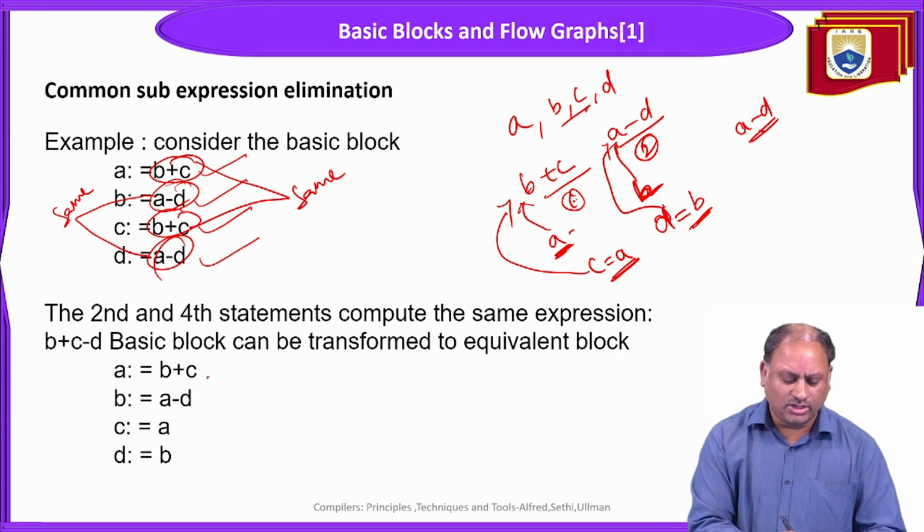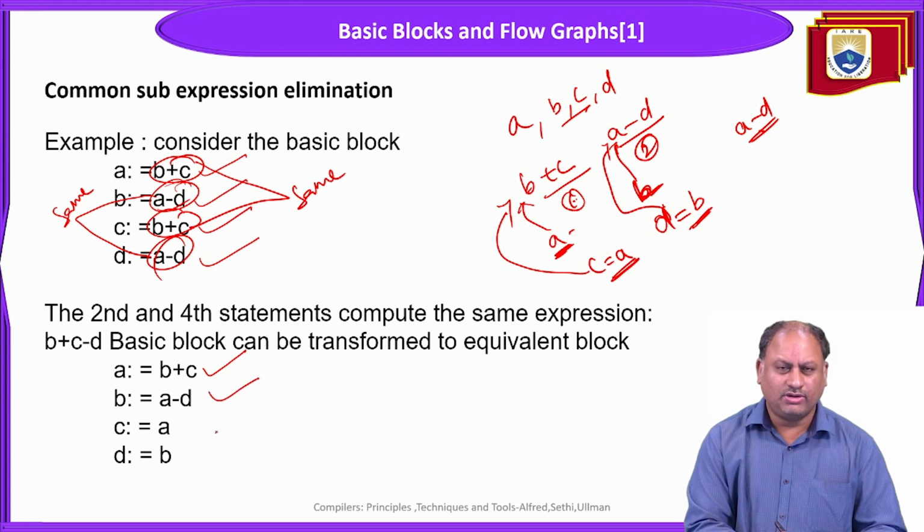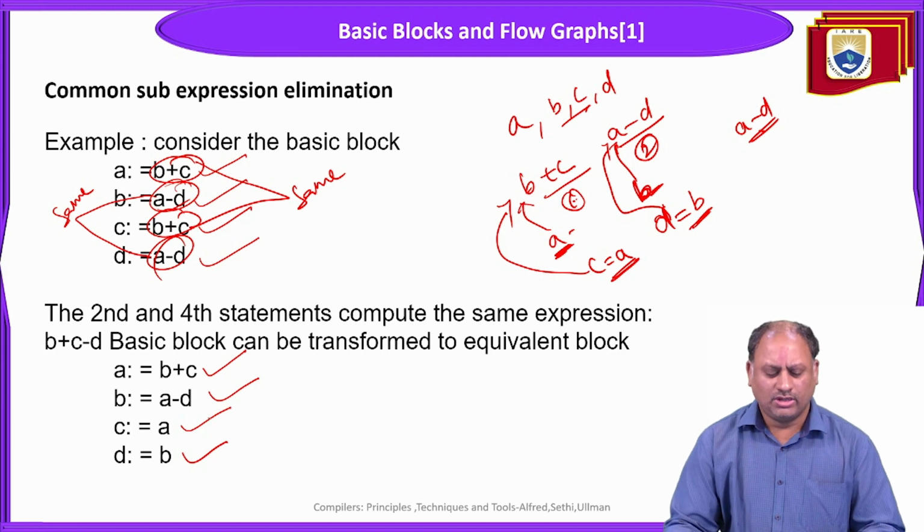We write this with a separate notation. The basic block is A equal to B plus C, B equal to A minus D, and with the computation avoided, C equal to A, and D equal to B. This is called common sub-expression elimination.